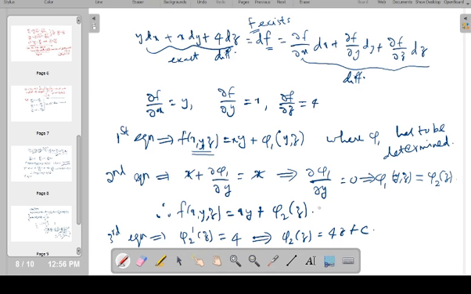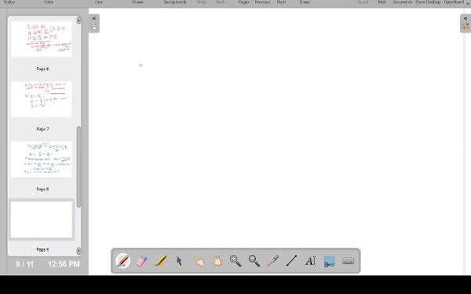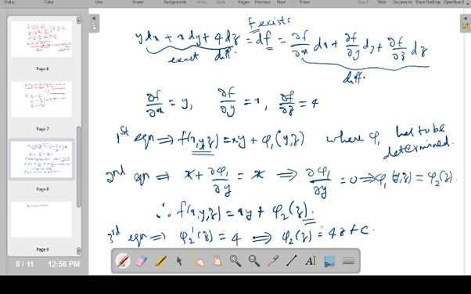So now let us substitute for phi2 of z in this equation. So f is completely determined. Thus f of x, y, z equals xy plus 4z plus a constant.